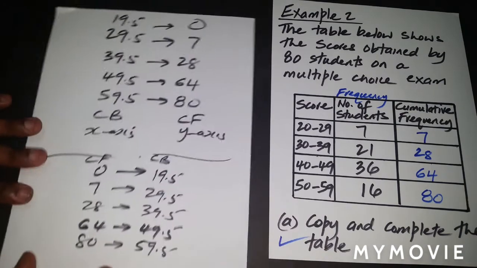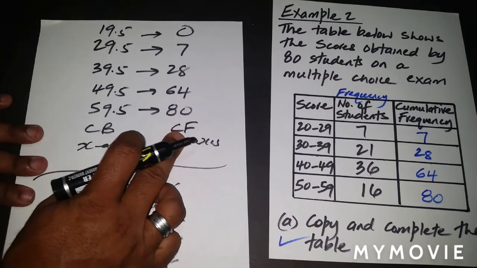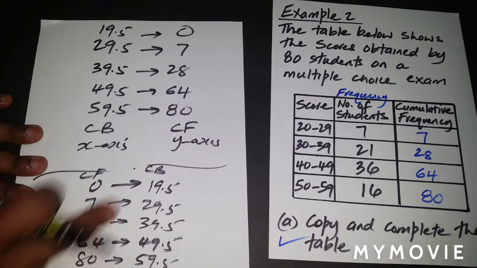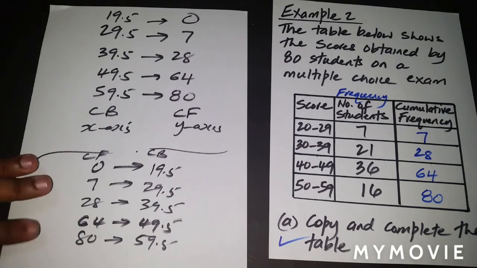It doesn't matter how you want to lay it out, whether you put the class boundaries first or the cumulative frequency first. It is really left up to you, whichever way is comfortable.